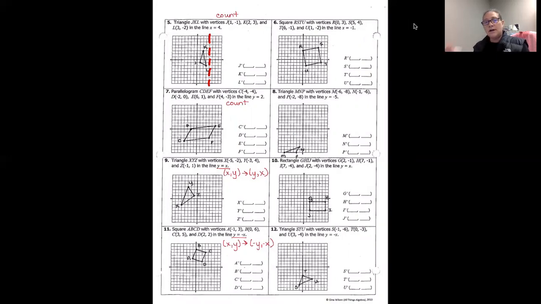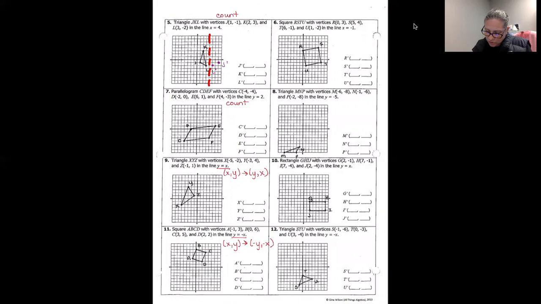And then it's easier actually to draw it and then to write out your points, because what you're going to do here is count. So the distance from the line to L is 1. So you go 1 in the other direction for L prime. J is 1, 2, 3. J prime.